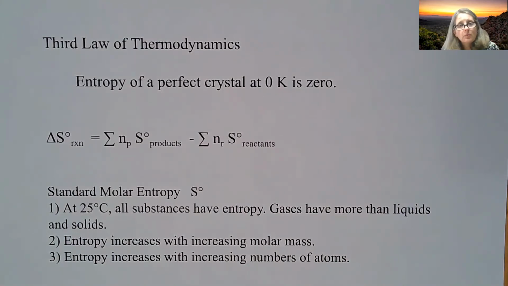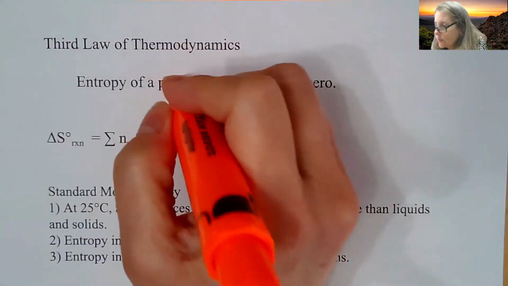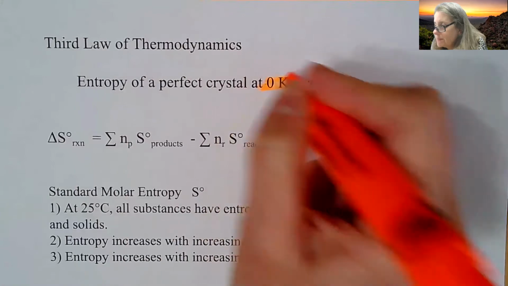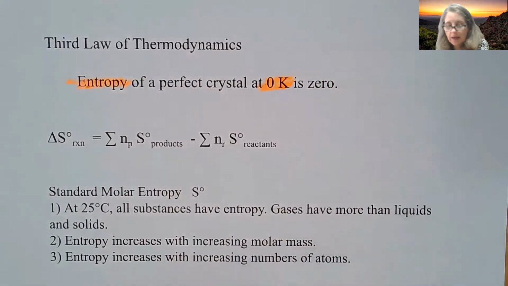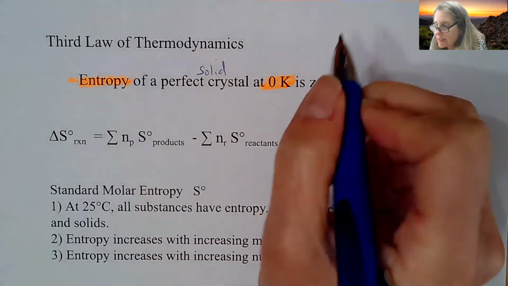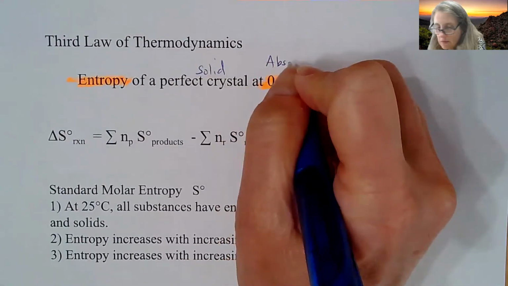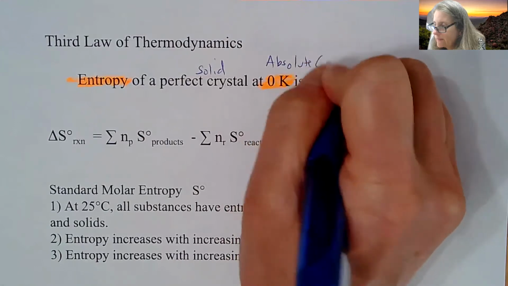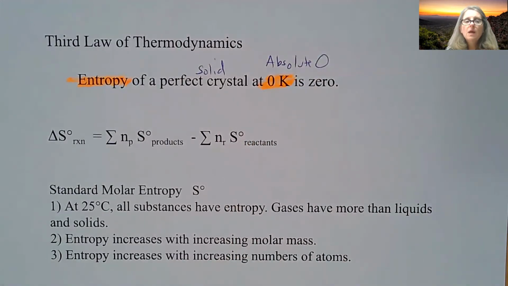And it is the entropy of a perfect crystal at 0 degrees Kelvin is 0, okay? So what that means is entropy, and a perfect crystal just means a solid, and this is absolute 0. What that means is everything has chaos.